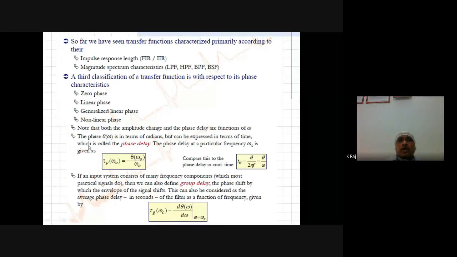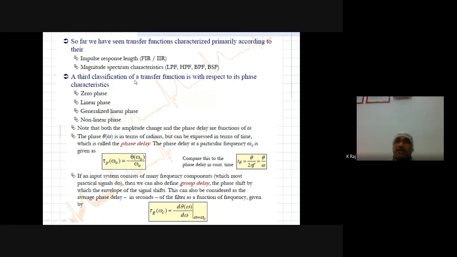So far we have seen transfer functions characterized primarily according to their impulse response length, whether FIR or IIR, and magnitude spectrum characteristics: low pass filter, high pass filter, band pass filter, and band stop filter.